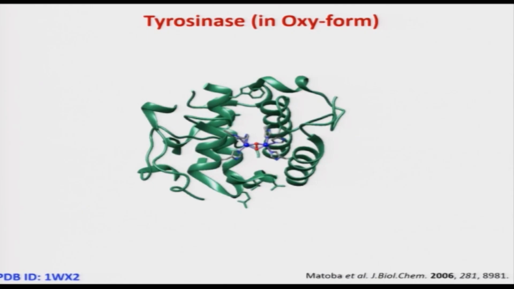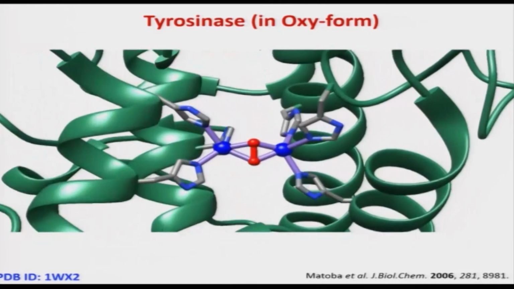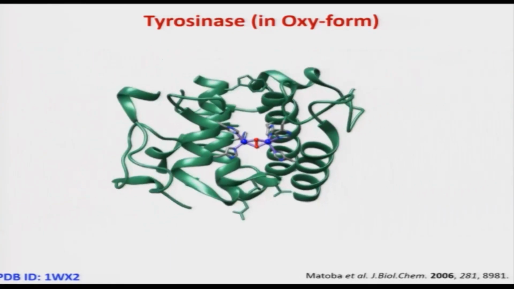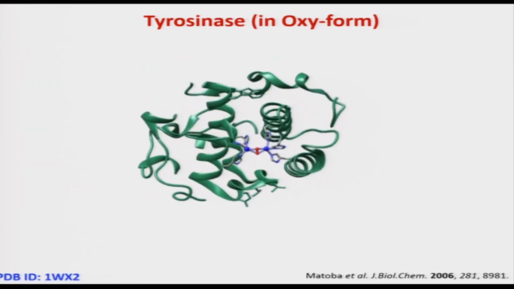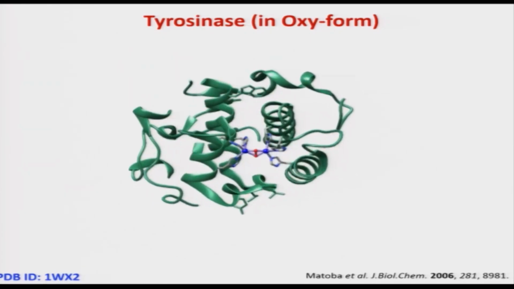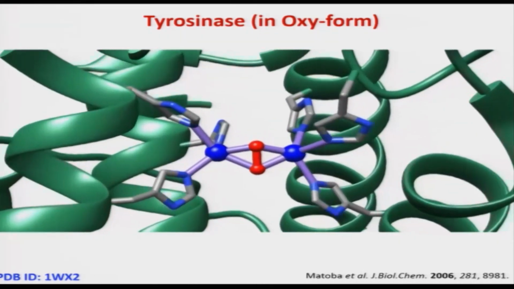I will now show you the X-ray structure of tyrosinase in the oxyform. As you can see, a huge protein is wrapping this dicopper unit and is responsible for its specificity.